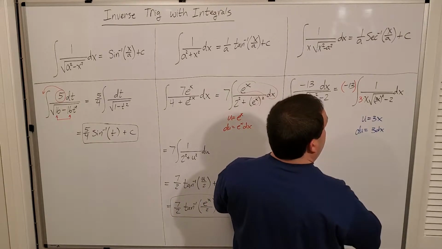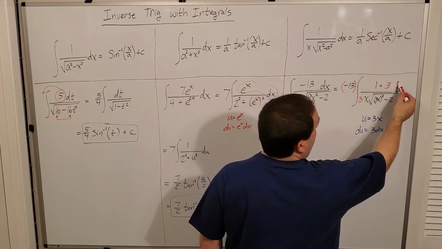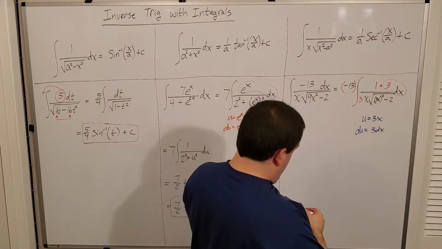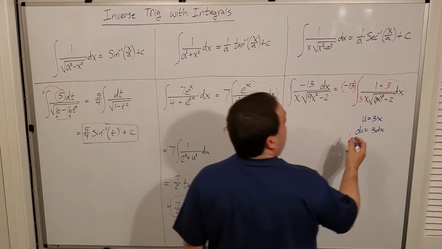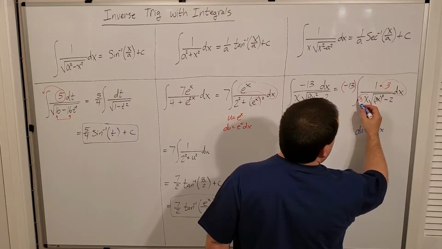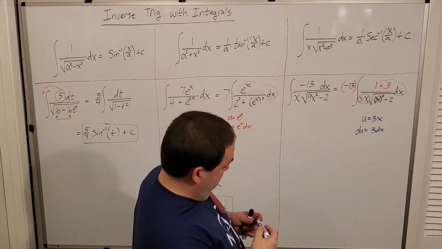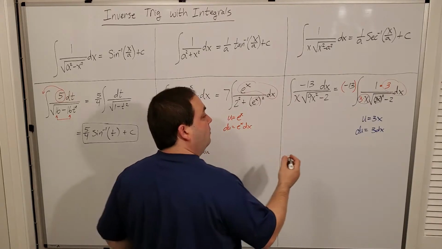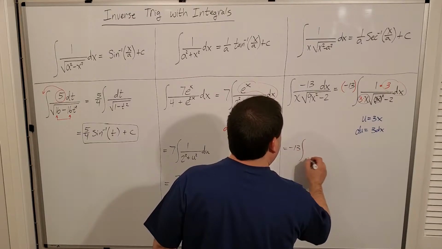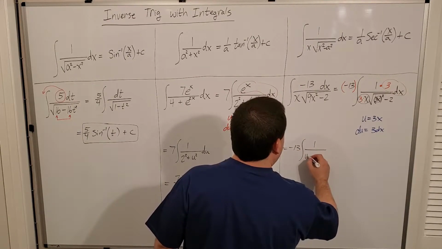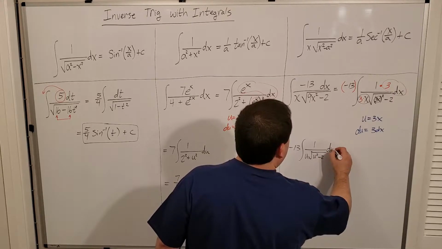I'll just take that same 3 and multiply it right here instead. So look, now I've got my 3 dx. Right? Okay. And then also, I'll have my 3x here and my 3x here. So I can directly substitute now. I'll have negative 13 integral 1 over u square root of u squared minus 2 du.